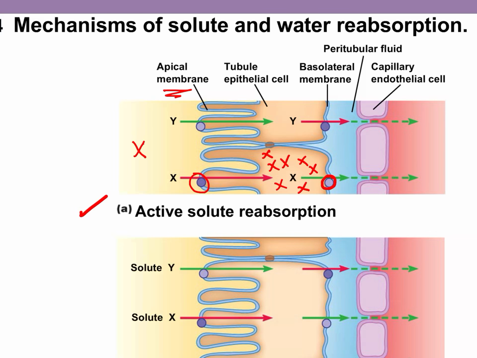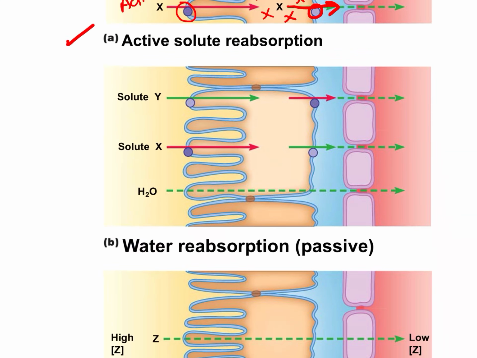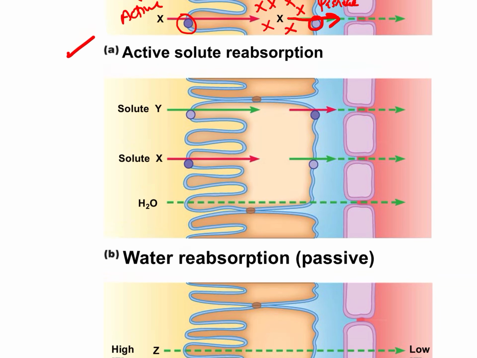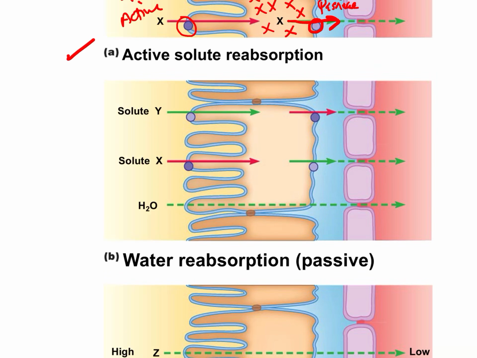And since a lot of times this works for glucose, since we're pumping it in, we're making a higher concentration gradient inside the peritubular cells. And that way the exit can just be diffusion. So this can be passive. If you have active pumping in, a lot of times there's passive diffusion moving out. So that's active solute reabsorption.